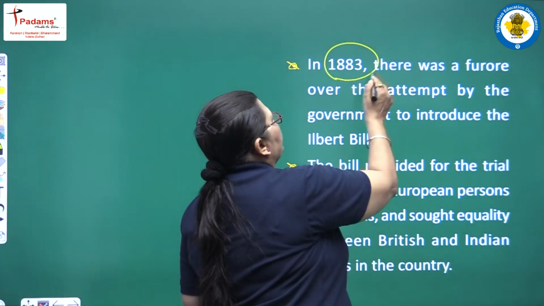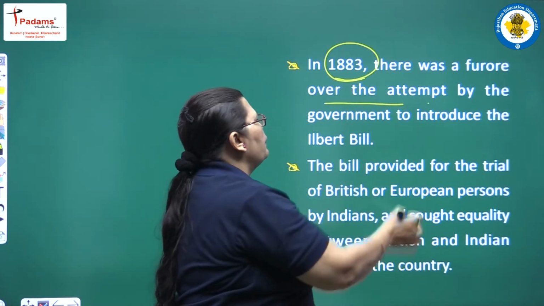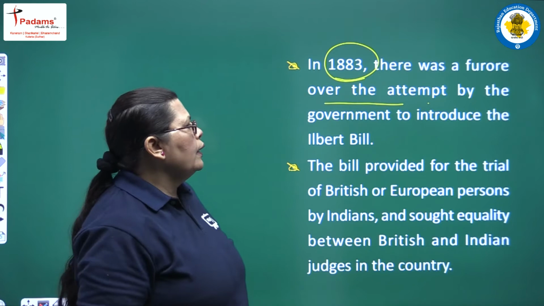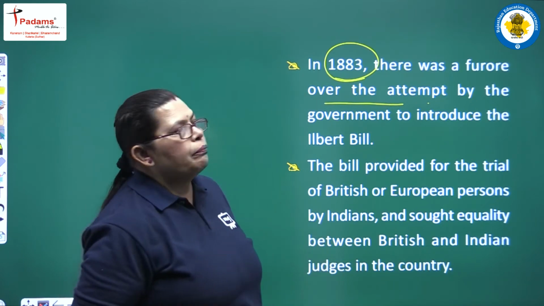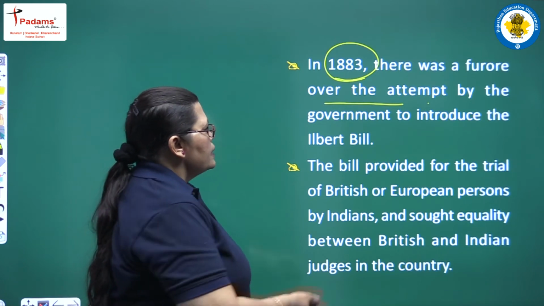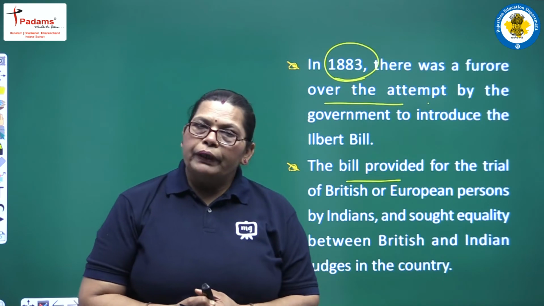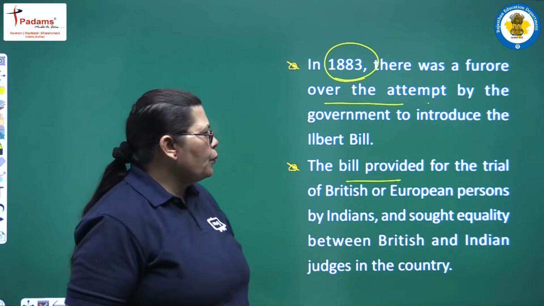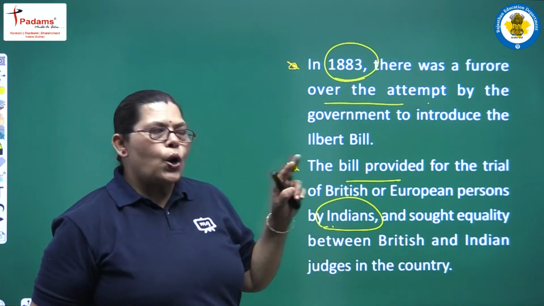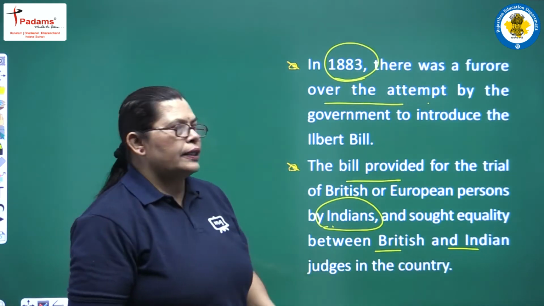In 1883, there was a furor over the attempt by the government to introduce the Albert Bill. A new bill was introduced by the British government in the year 1883. See, this bill provided for the trial of British or European persons by Indians and sought equality between British and Indian judges in the country.